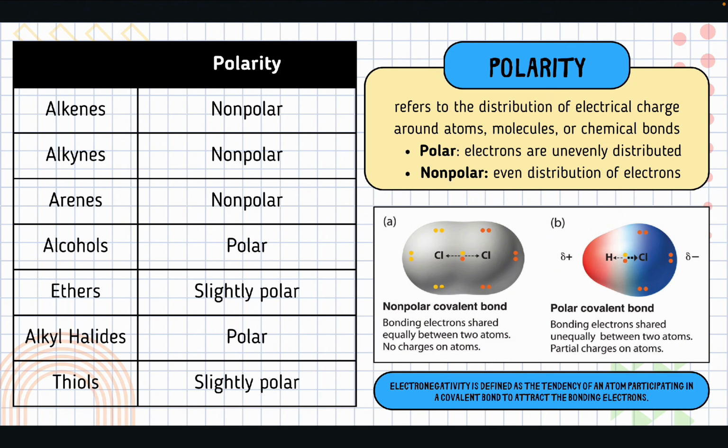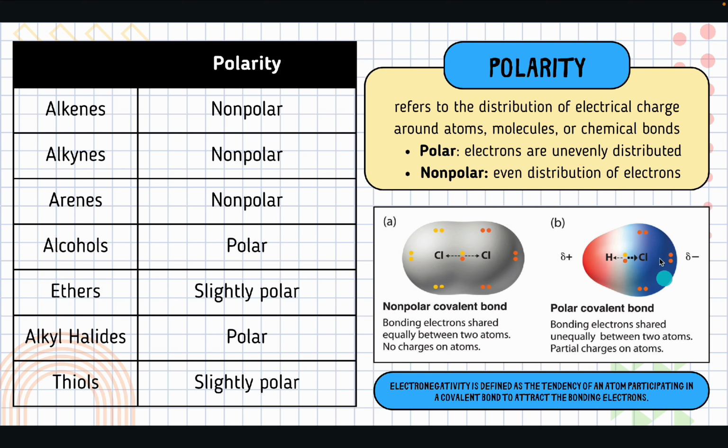Recall that electronegativity is the tendency of an atom to attract the bonding electrons. If one is more electronegative, of course, it will attract the electrons in the bond, making it more negative. Consider this example, HCl or hydrochloric acid.